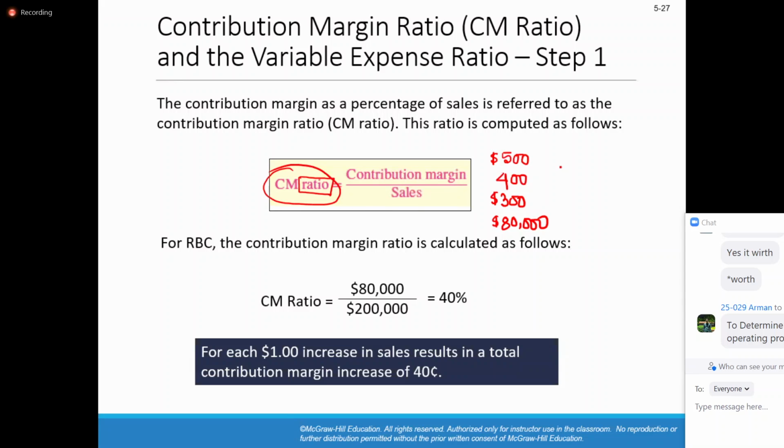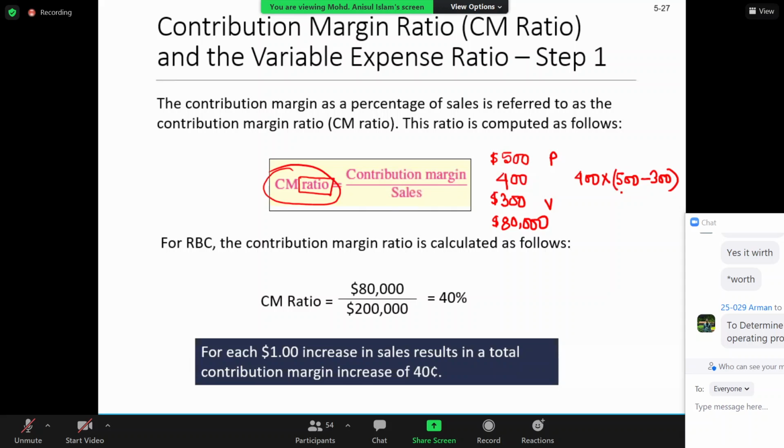Okay, so we see that our contribution margin is the difference between the sales price and the variable cost. In terms of total, our contribution margin is our sales units multiplied by price 500 minus variable cost. This is the contribution margin per unit. So from this we get how much? 80,000.